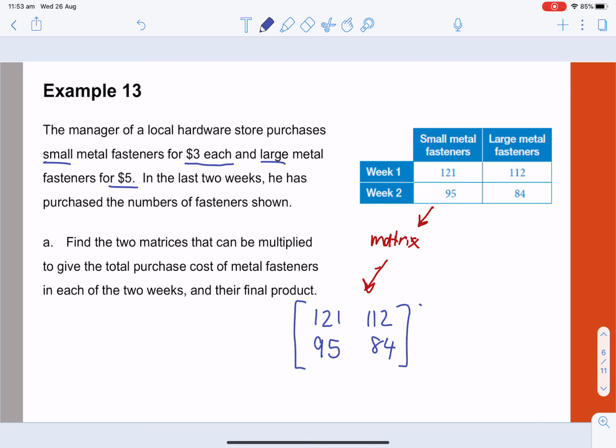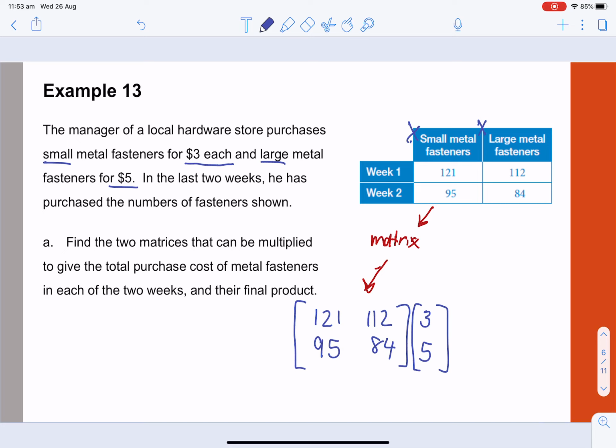Then I'm going to multiply it by the 2 costs we've got. Now, having a look, small fasteners appear in the first column, large in the second. So I'm going to keep that the same when I put that into a column matrix. I'm going to put the cost of the small ones first, and then the cost of the large ones second.